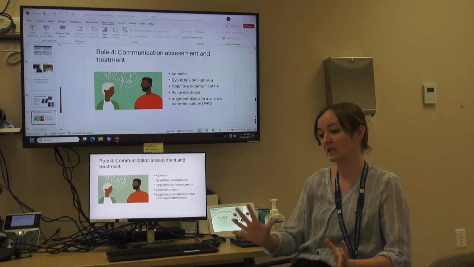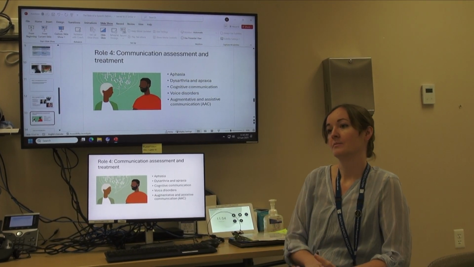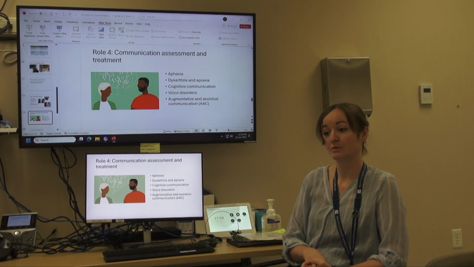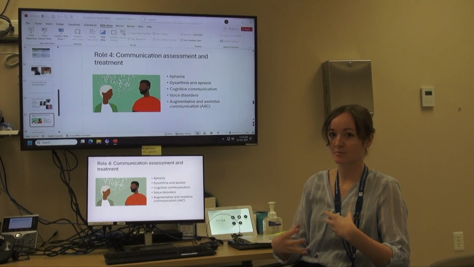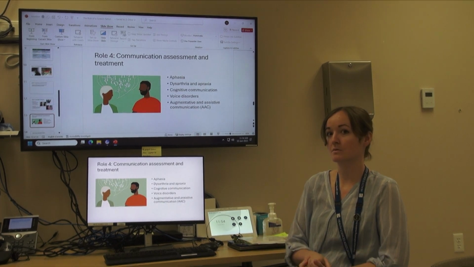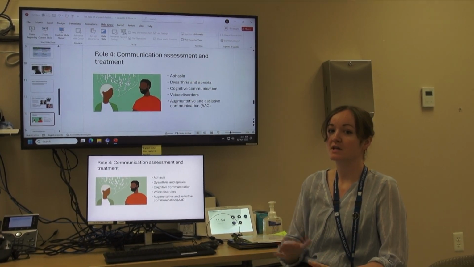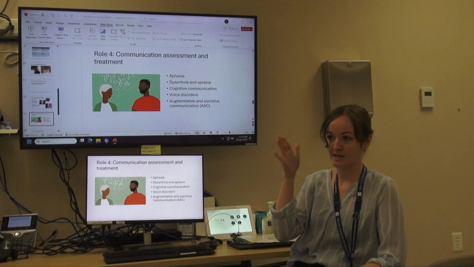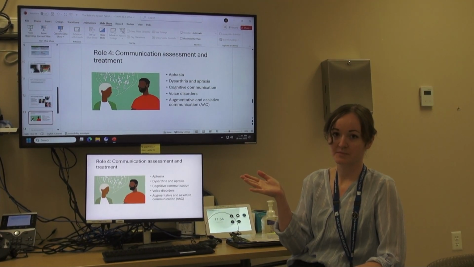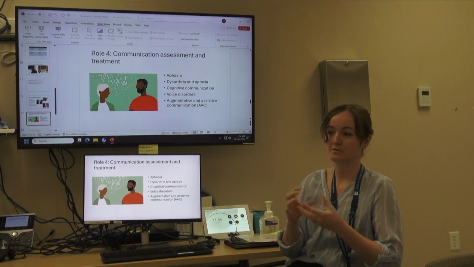So those are the really low-tech options, but I can also help with people who come into hospital who are maybe using some more high-tech devices. So you might come across someone with ALS, for example, who's using an eye gaze communication system if they no longer have their voice or use of their hands.